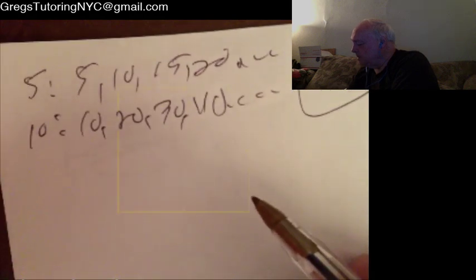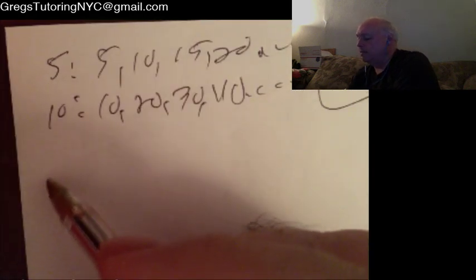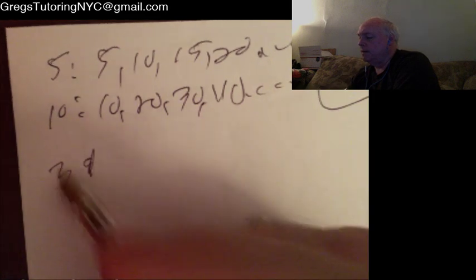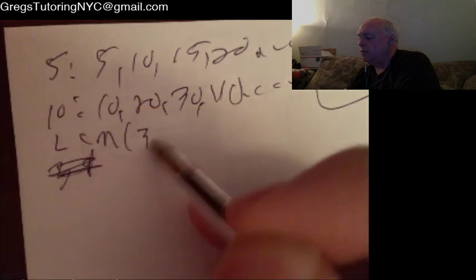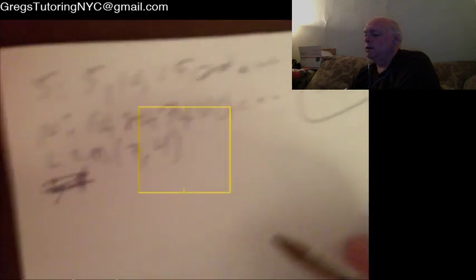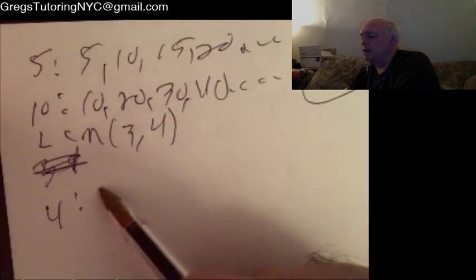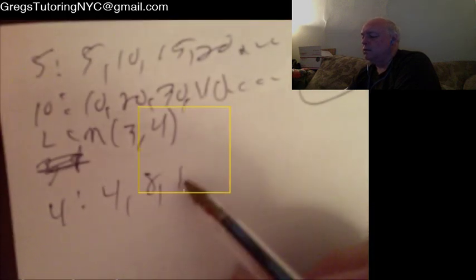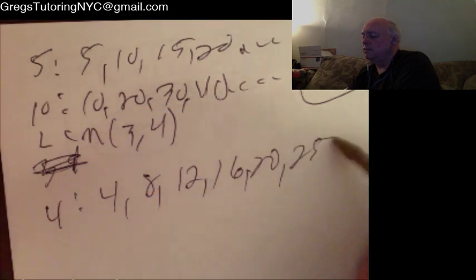So if I want the least common multiple of 3 and 4, let me write it out in the terminology. The LCM of 3, 4. Okay? What I usually do is I take the larger number, and I just start writing its multiples. 4, 8, 12, 16, 20, 24. Wait, did I do that right?